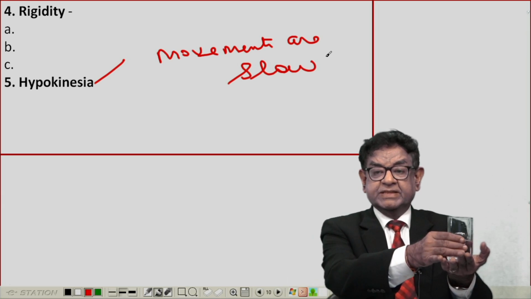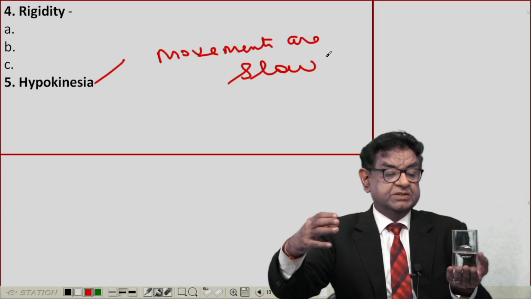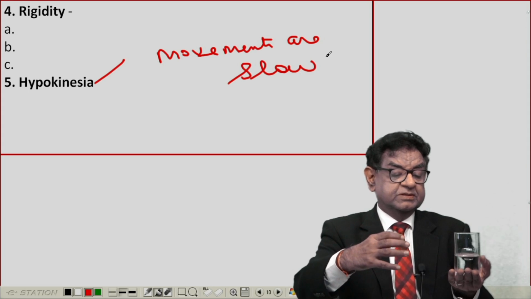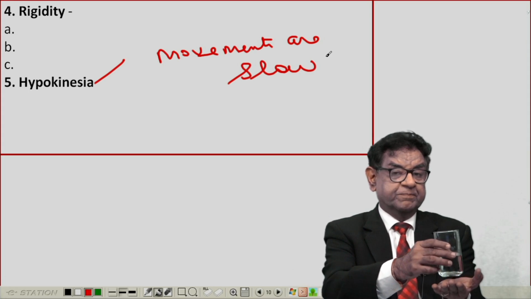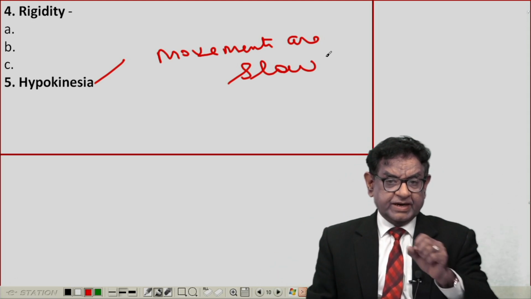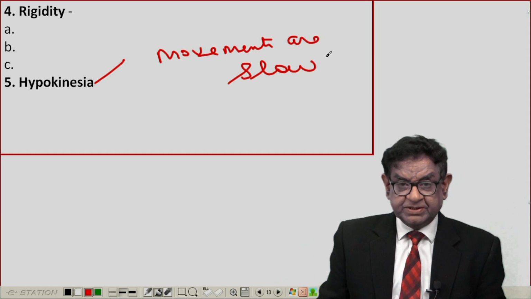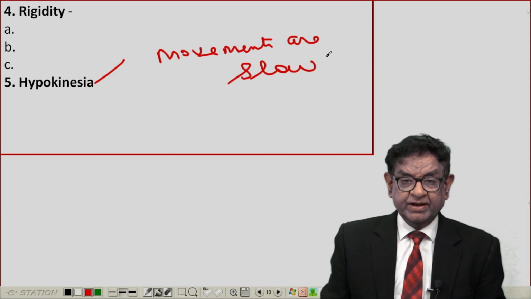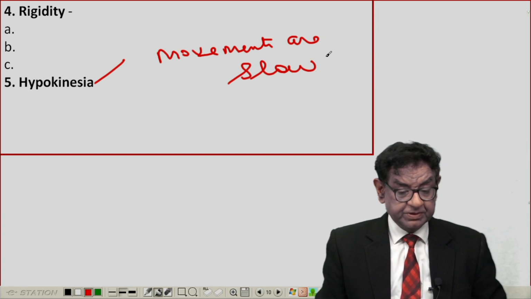Normally we pick up like this. But in these patients, the hand comes like this, and this is how they pick up. That means the movements are very slow. In fact, out of all the problems, this is the most disturbing for the patient. This is really very annoying, very depressing for the patient, that movements are very, very slow. Right?